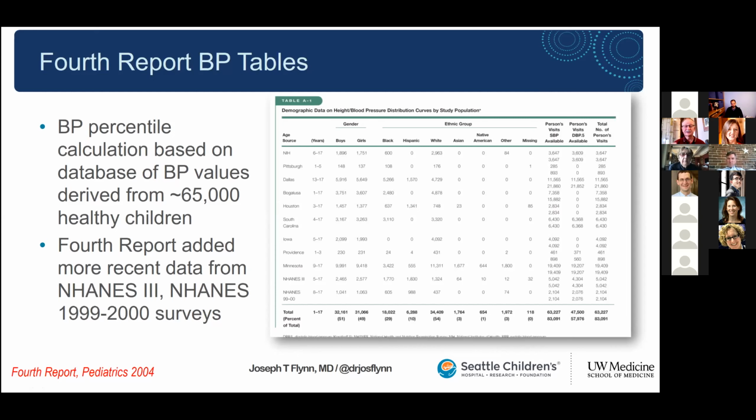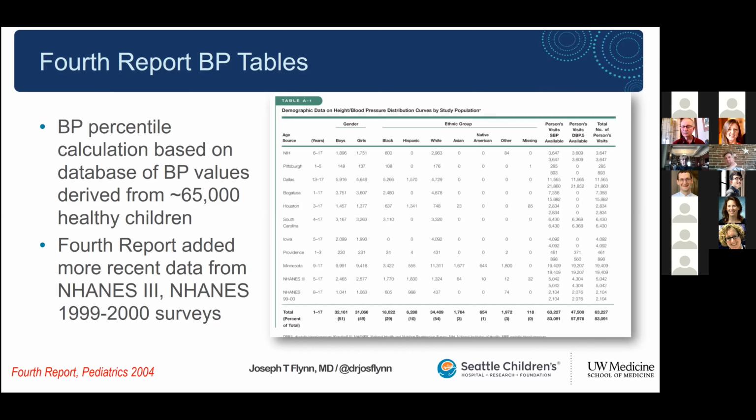And then the statisticians that worked with the data for the guideline, specifically Dr. Bernard Rosner, used this to derive the blood pressure percentiles and the normative data tables. This database was based on blood pressure measurements obtained in about 65,000 healthy children.